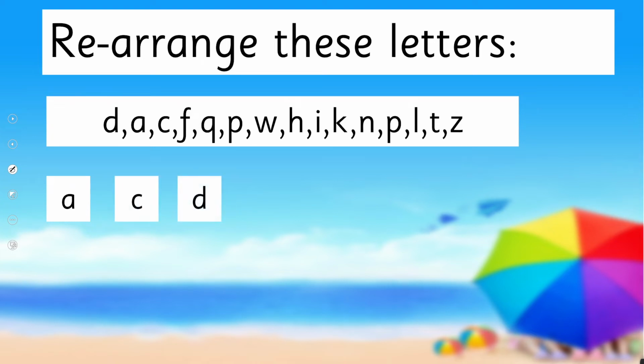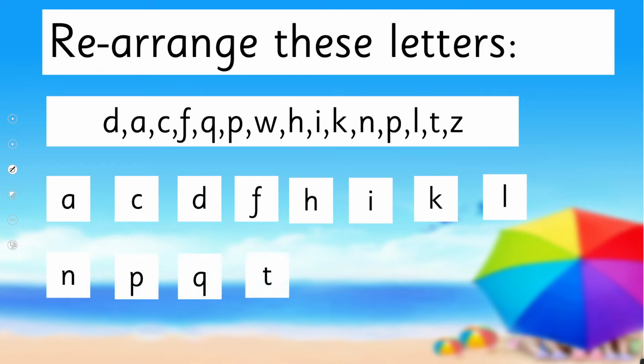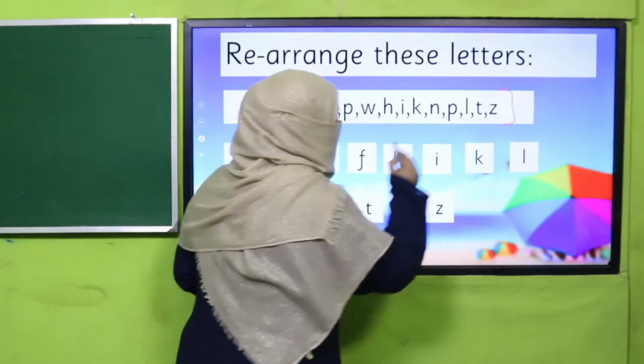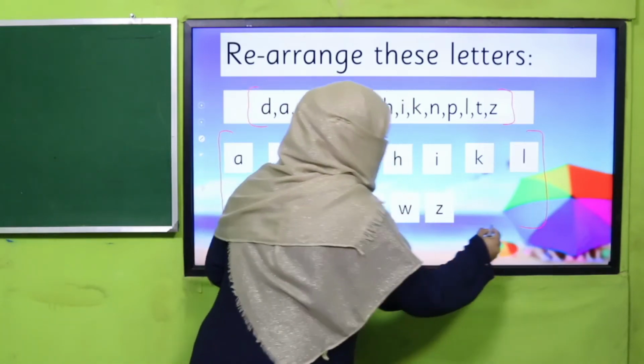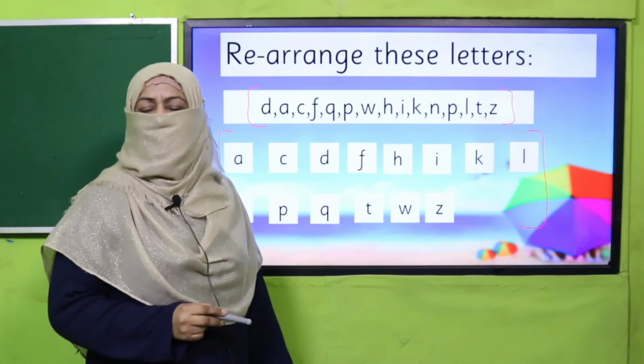C, D, F, H, I, K, L, N, P, Q, T, W and Z. Now these letters were not arranged alphabetically, but these are arranged alphabetically because they are written the way they come in the alphabet, in ABC.